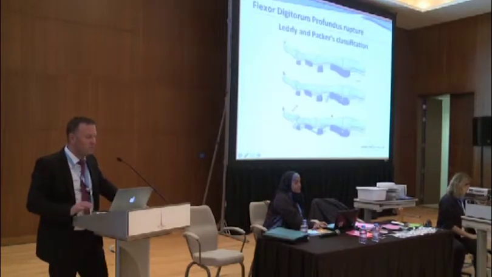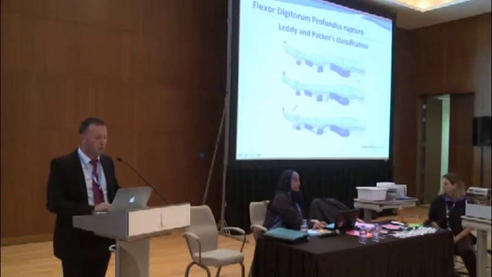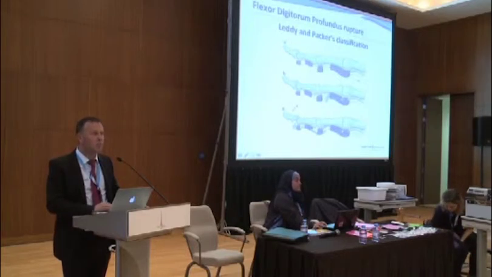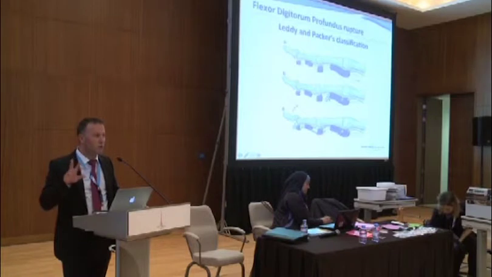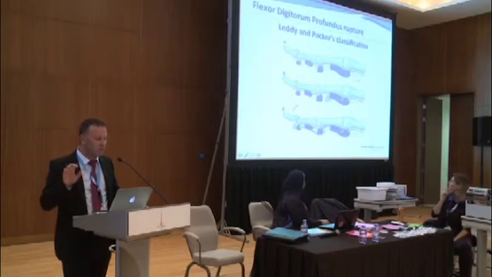And there is a good classification. Stage 1 is a complete retraction of the FDP. Stage 2 is a retraction until the crossing with the superficialis, the sublimis.